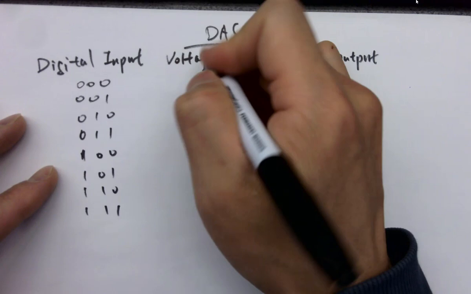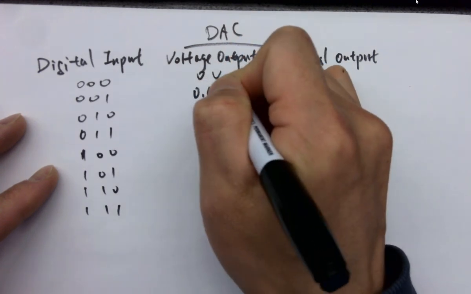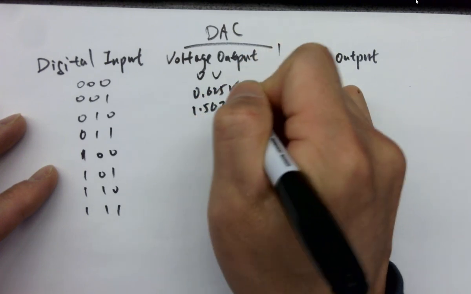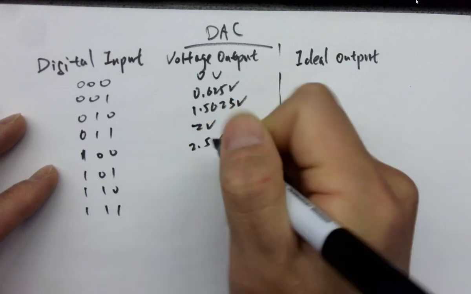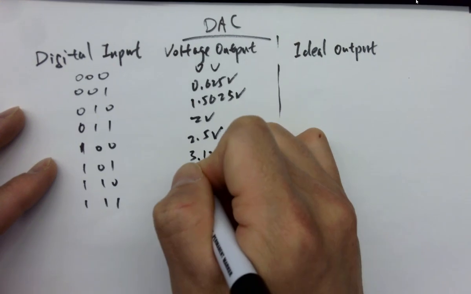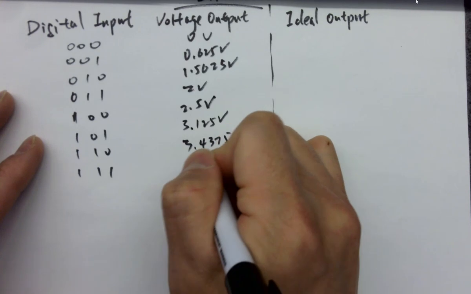So the actual voltage outputs are 0 volts, 0.625 volts, 1.5625 volts, 2 volts, 2.5 volts, 3.125 volts, 3.4375 volts, 4.375 volts.